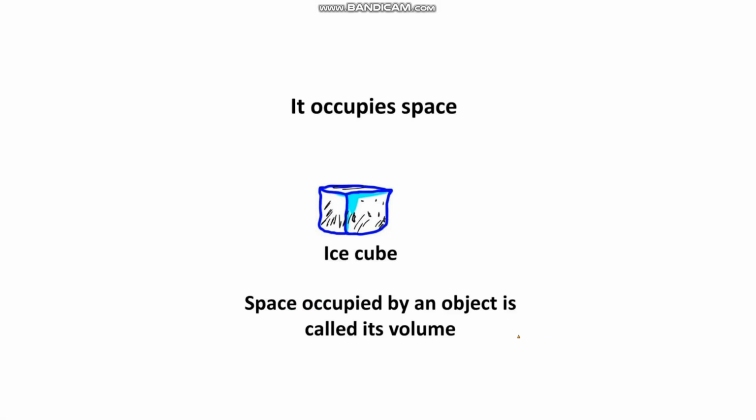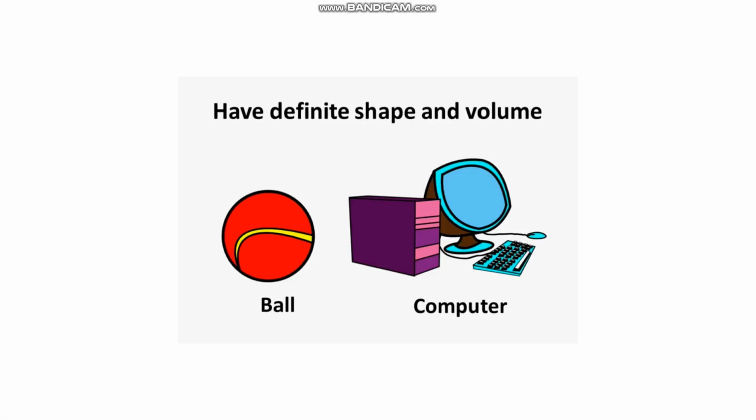If we see, it has a definite shape. Not just a shape, it occupies space, and that too a definite shape. The space occupied by an object is called volume. So, what can we say? We can say an ice cube has definite volume. Even if we talk about this ball or a computer, they both have definite shape. The shape of the ball would not change if we keep it inside a box or outside the box.